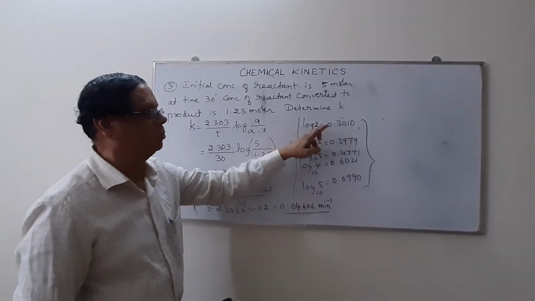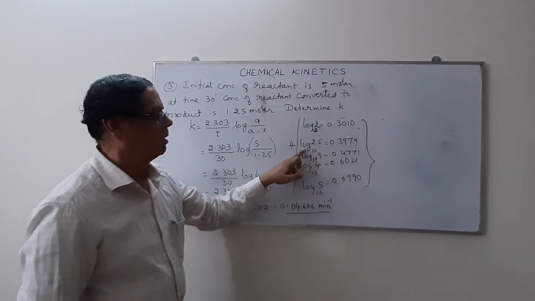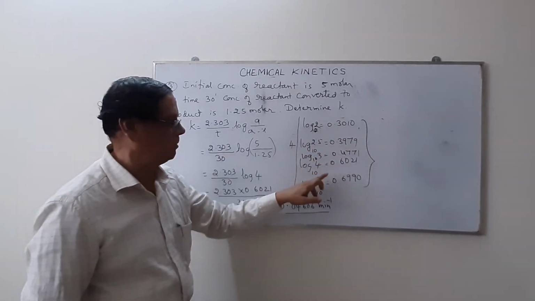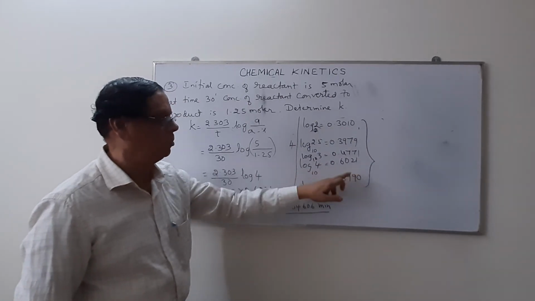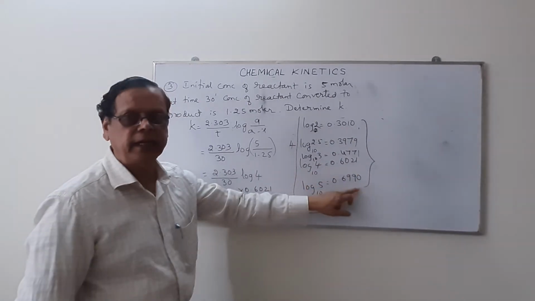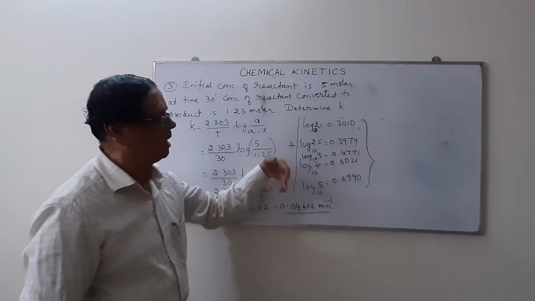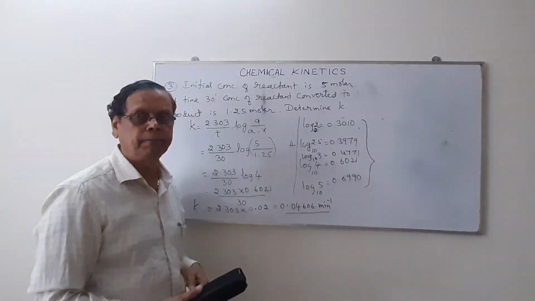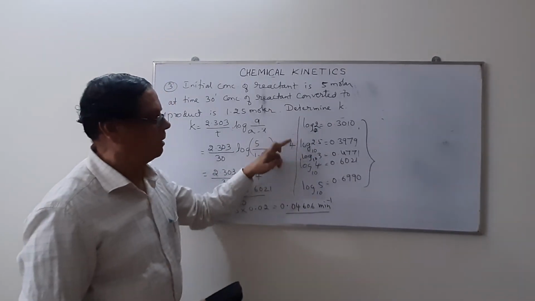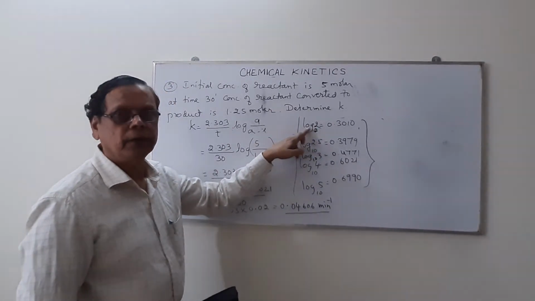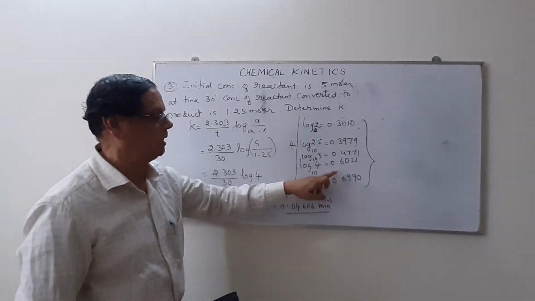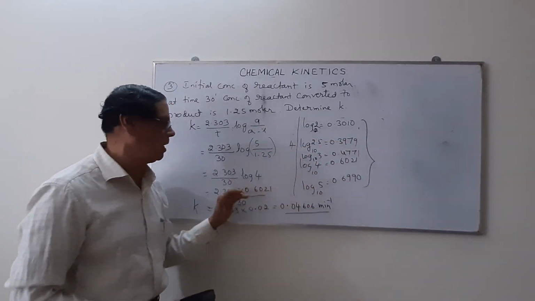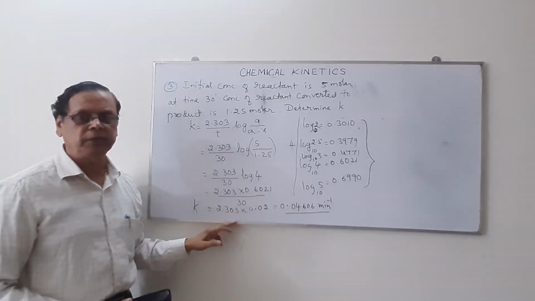So remember log 2 is 0.3010, log 3 is 0.4771, log 4 is 0.6021, log 5 is 0.6990. Using these logarithms you can manipulate for the other values also. Suppose you are given log 8. Log 8 will be log 4 into 2, so log 4 plus log 2, that is 0.6021 plus 0.3010. So using such values we can simplify to the approximate extent.